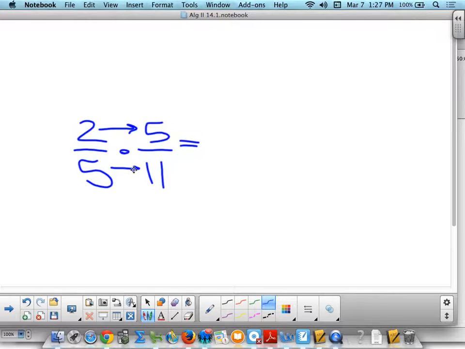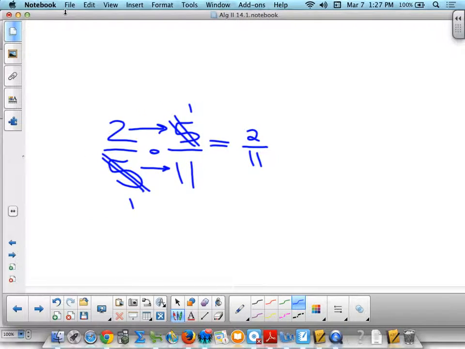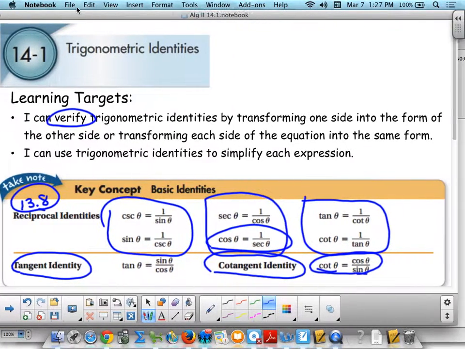Or you can take out the fives. The 5s are in common. 5 on top, 5 on the bottom, those are the same number. Anything in common can be canceled out. 5 goes into 5 once. So what's the answer? 2 over 11, right? That's all you did in 5th grade, right? It's no different now. Go back to algebra 2 and just do the same thing.